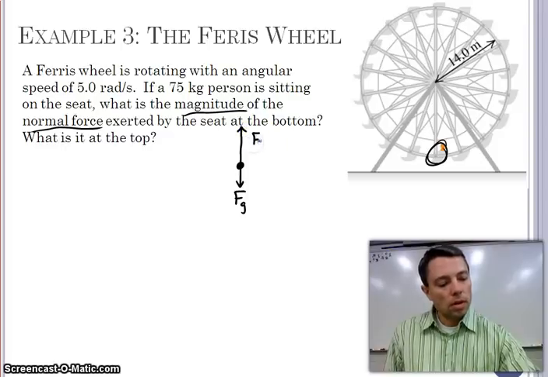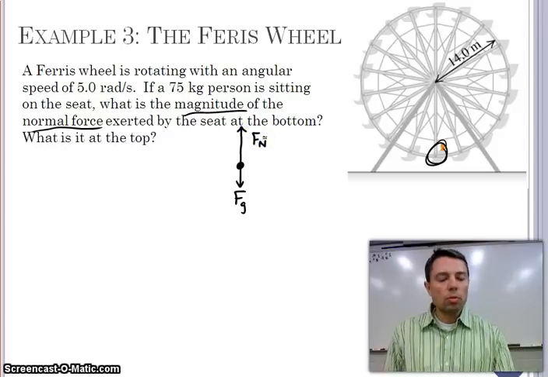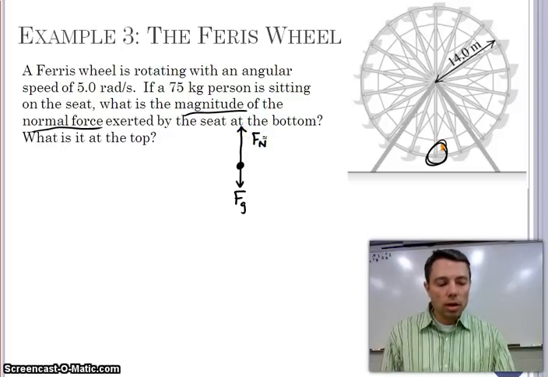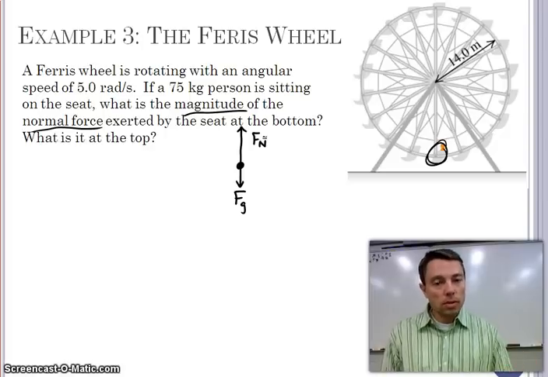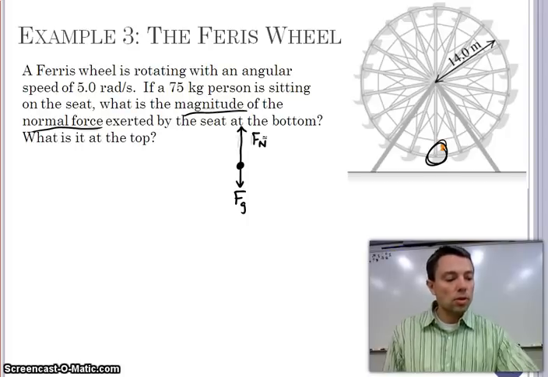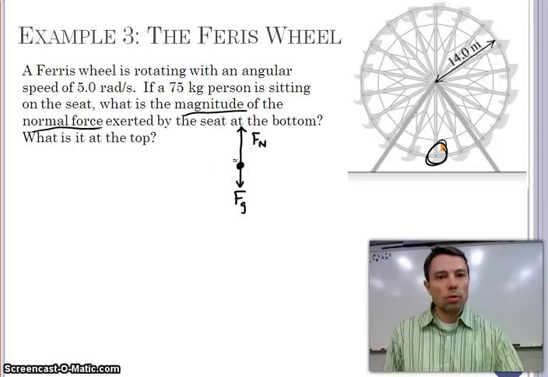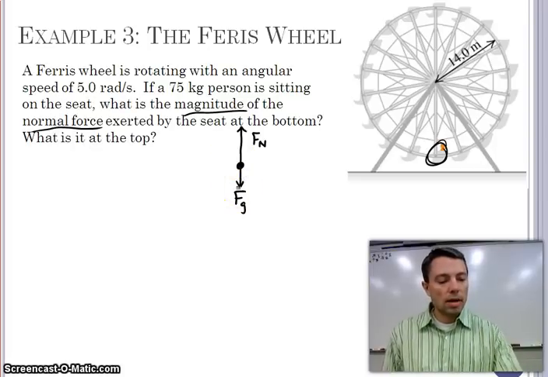Now, I drew my picture so that my normal force is bigger than my weight at the bottom, because we're rotating, which means that we have an acceleration, and anytime we're rotating and have an acceleration, we have a net force. So my net force is actually bigger in the normal force than it is in the weight going down, because I have to have a net force acting up, okay?